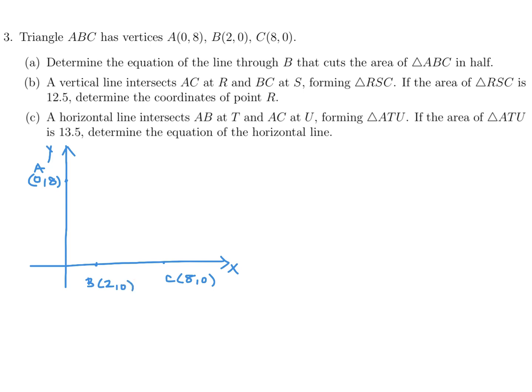Okay, so our triangle is something like this, right? Yeah, like that. Okay, so what do they want? Determine the equation of the line through B that cuts the area of ABC in half.